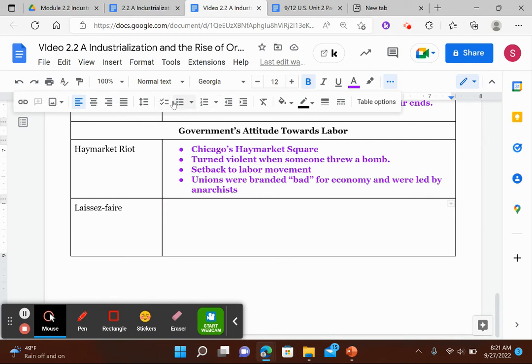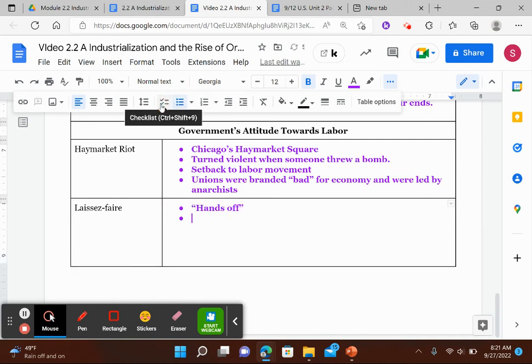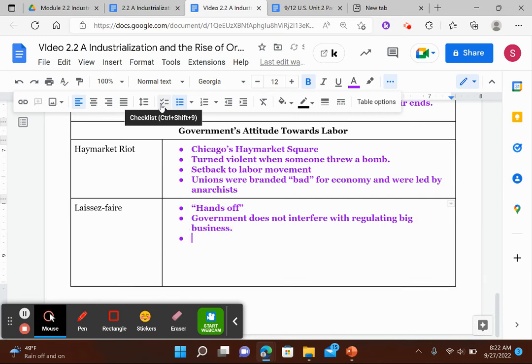So what does it mean? It means hands off, literally. And what it really means is the government does not interfere with regulating big business. And again, we have to keep in mind that big businesses gave money to politicians or political campaigns.